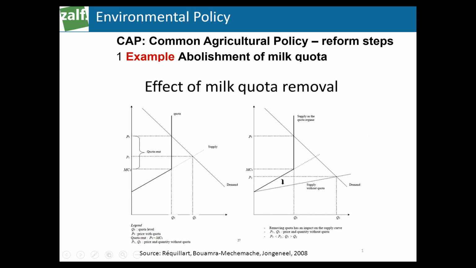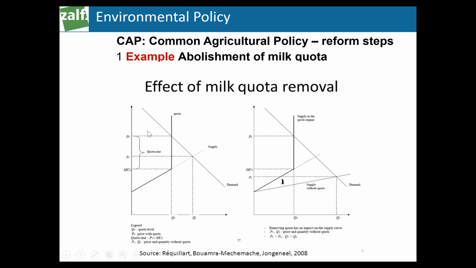If we look at this, we have the milk removal from the quota system. That is here the limitation. You see, mouse over, you have a certain limit, you cannot produce more here. You have a limitation, but you have a higher price. That means the consumer prices are by trend higher.